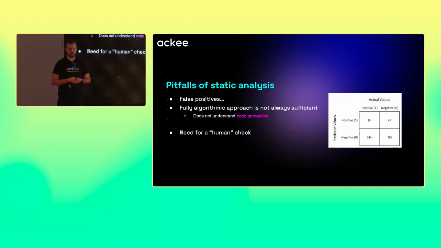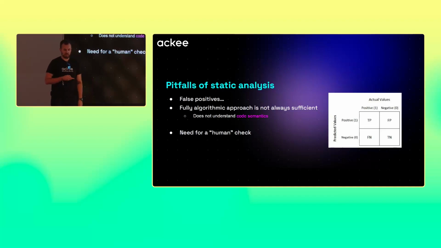That's probably the reason why a lot of developers are not using it: it just pollutes the output of your terminal, and you don't want to dive into all the false positives and check them.